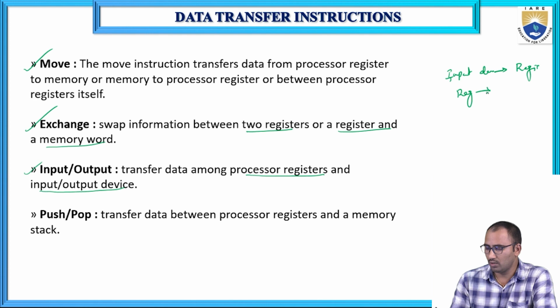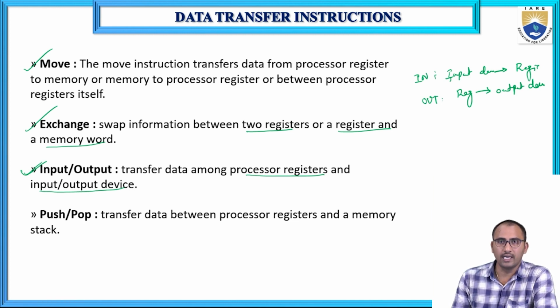This is done using the IN instruction, and this is done using the OUT instruction. So IN and OUT are used especially when we are dealing with input or output devices.